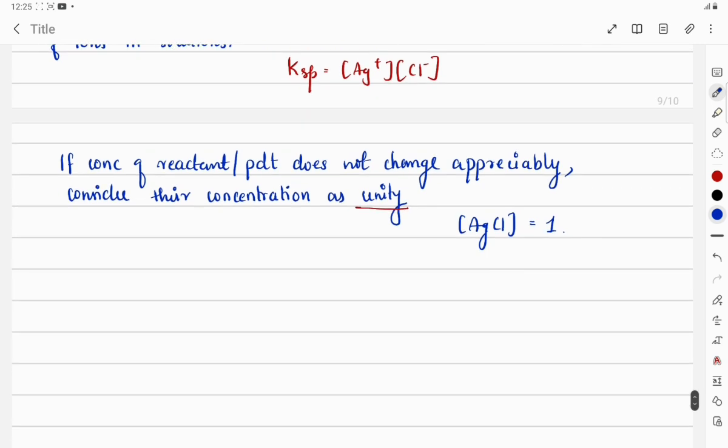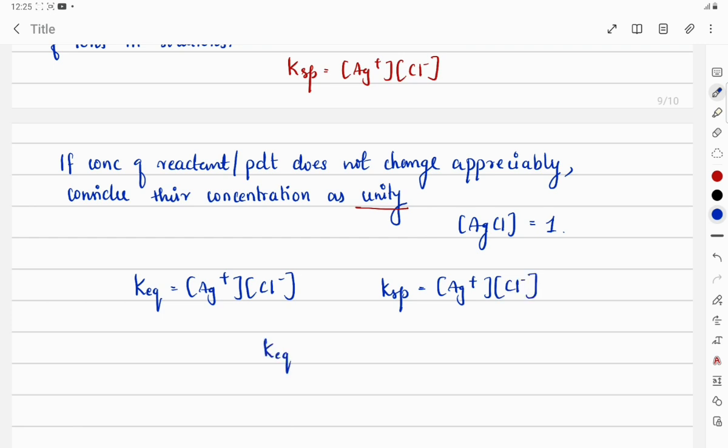But my KSP was also equal to the same value, the product of concentration of ions, which means I can consider that K equilibrium is equal to KSP, and in whichever equations I have K equilibrium, I can replace it with KSP.